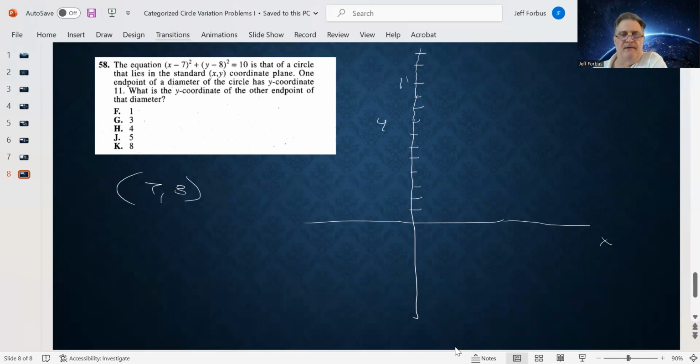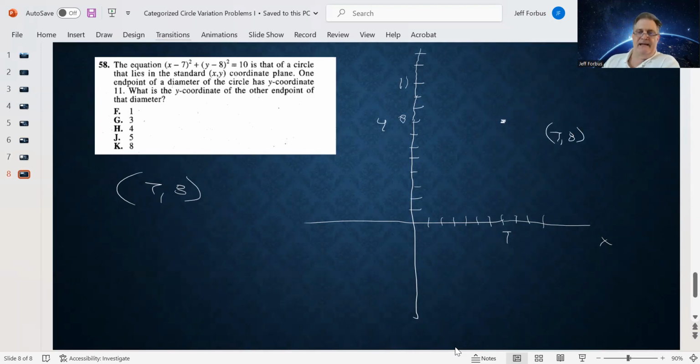Here's 11 right here. And we know the center is at (7, 8). So 1, 2, 3, 4, 5, 6, 7, and I'm going to go up to 8. Here's 8. Come over to 7. So (7, 8) is the center of the circle.